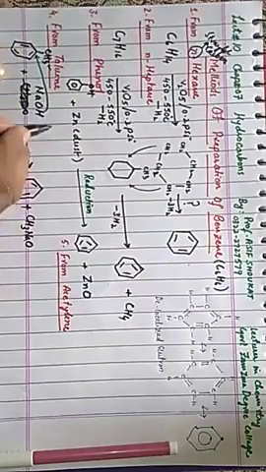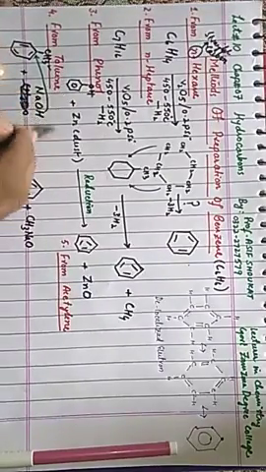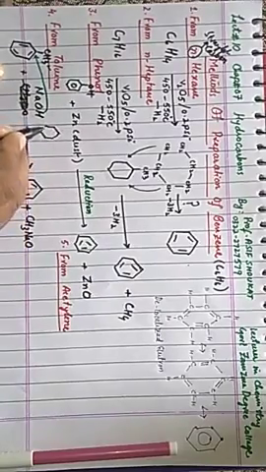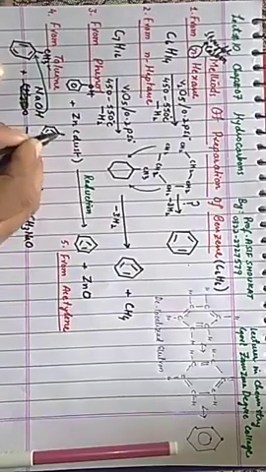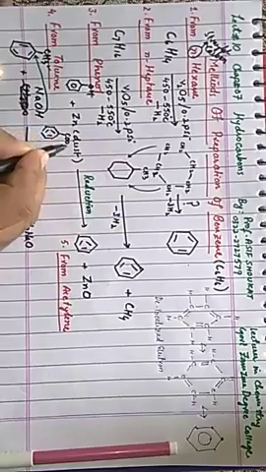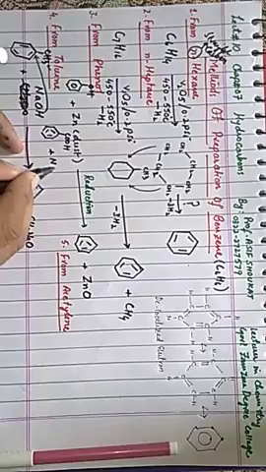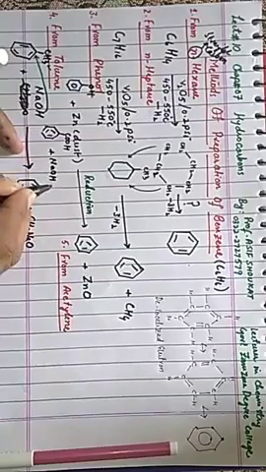Okay, one another reaction is coming into my mind, that is, if you take benzoic acid, this one is benzoic acid. Benzoic acid is COOH, and you use NaOH. It is similar to this one.